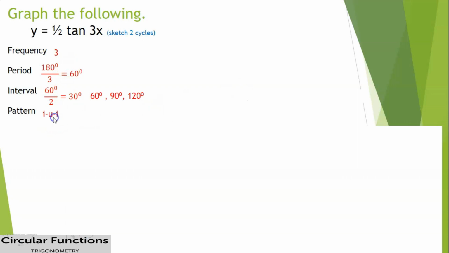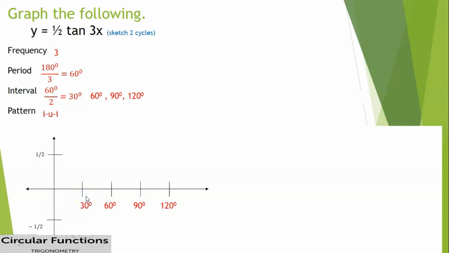For the pattern of tangent, we will have intercept, undefined, intercept. So graphing this in the Cartesian plane, although when you say tangent there is no value for the amplitude, we'll just label this as 1/2 and -1/2. So the interval, we'll get this.